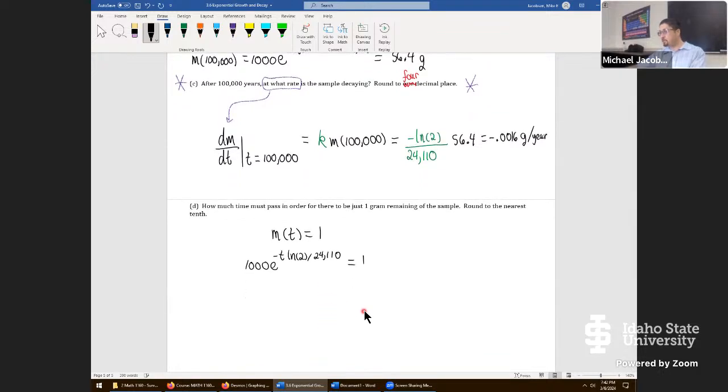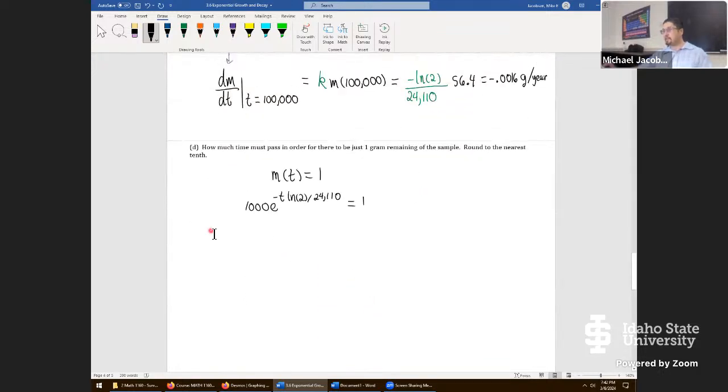We'll also hide that problem down below. So e to the power negative t natural log 2 divided by 24,110 is 1 over 1,000. Or you could say 10 to the power negative 3 if you prefer.